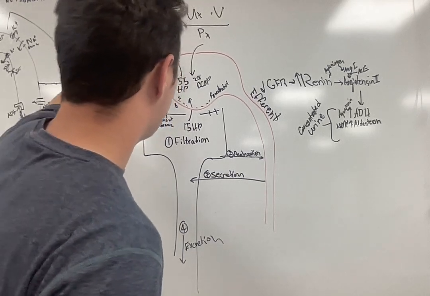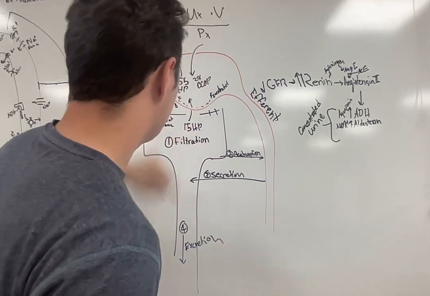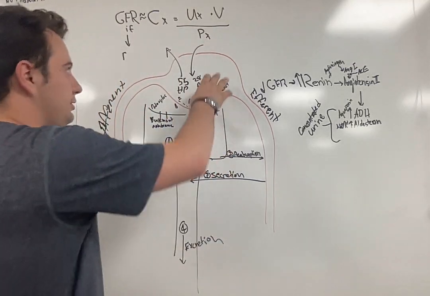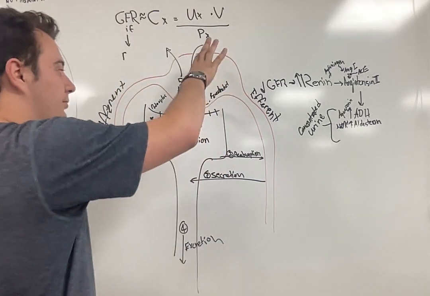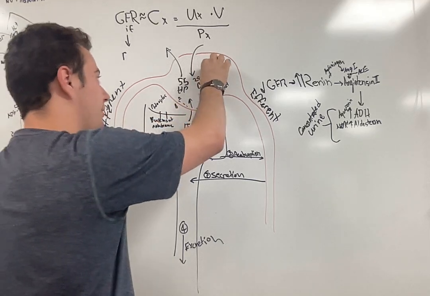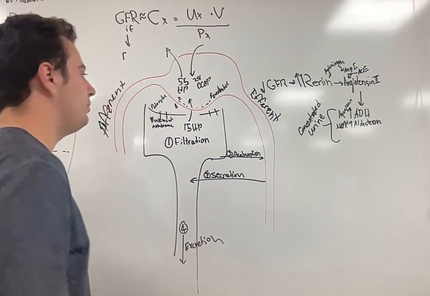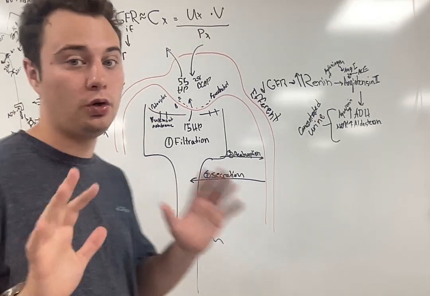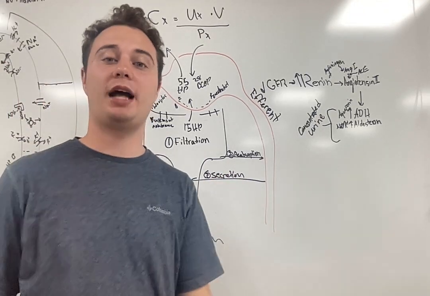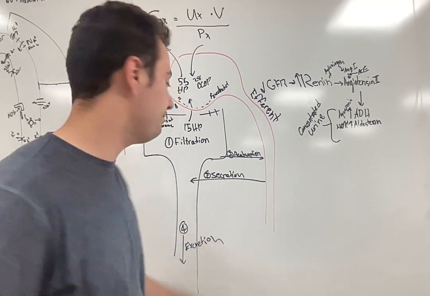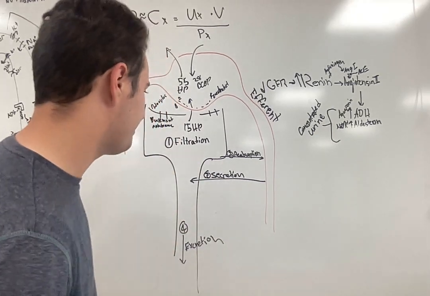So you'll have a pressure of about 45 wanting to go in, but 55 wanting to go out. That leads to about 10 total pressure pushing out of the capillaries, enabling this filtration process.